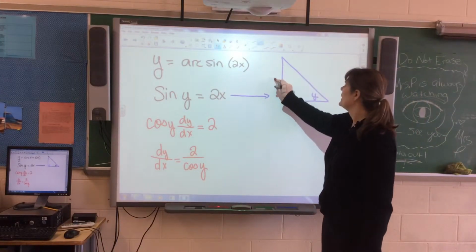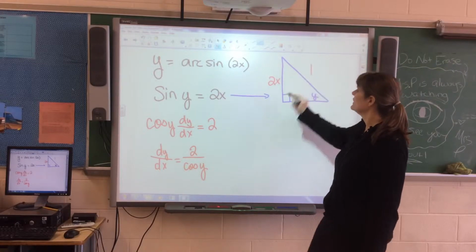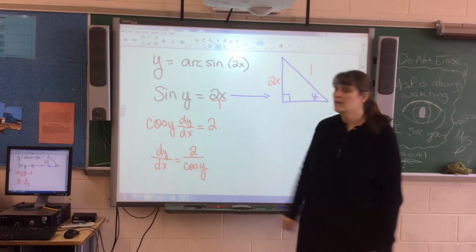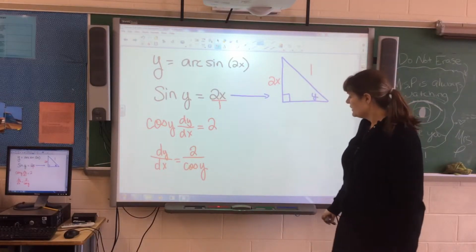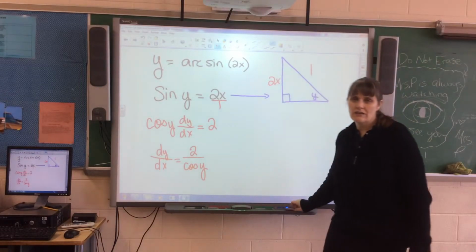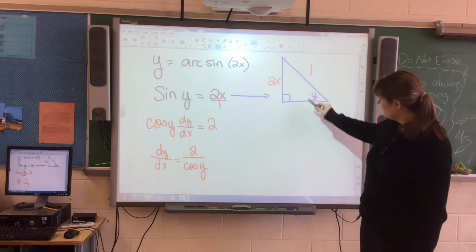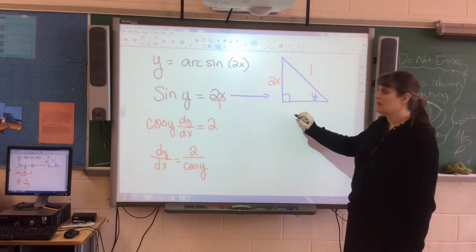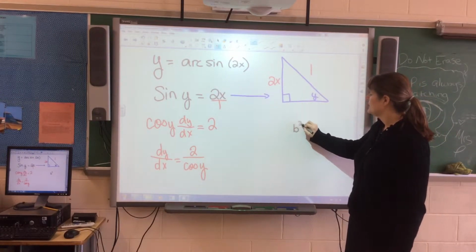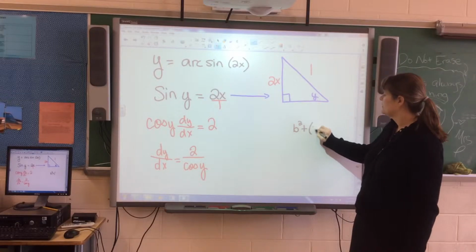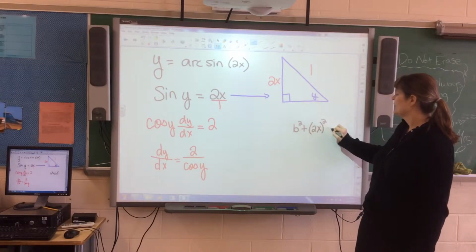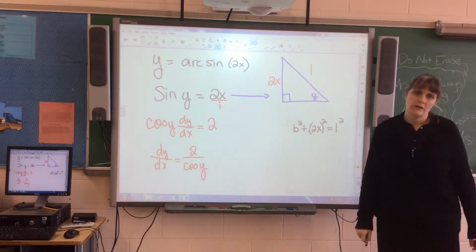So we have 2x over 1. We consider that a fraction. Now, we'll use some Pythagorean theorem to find the third side. So if we remember, Pythagorean theorem says that the length squared plus the other length squared equals the hypotenuse squared.